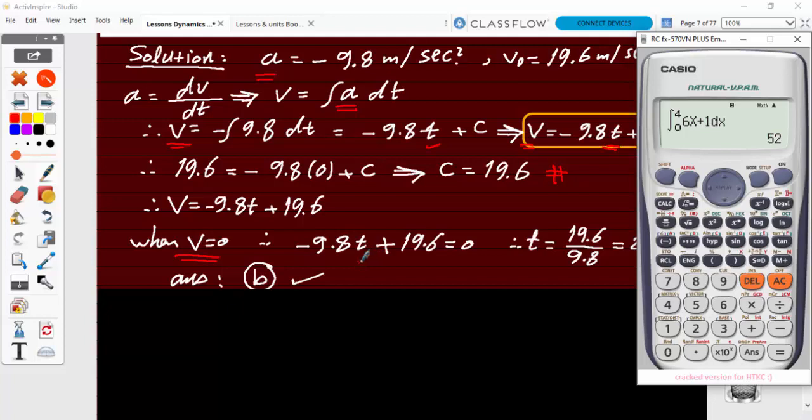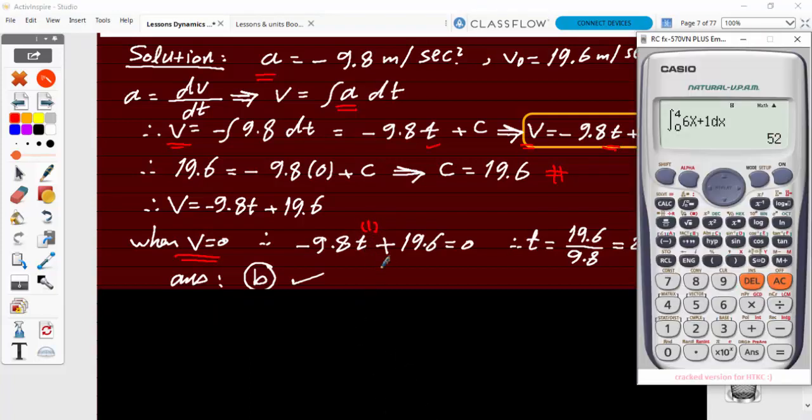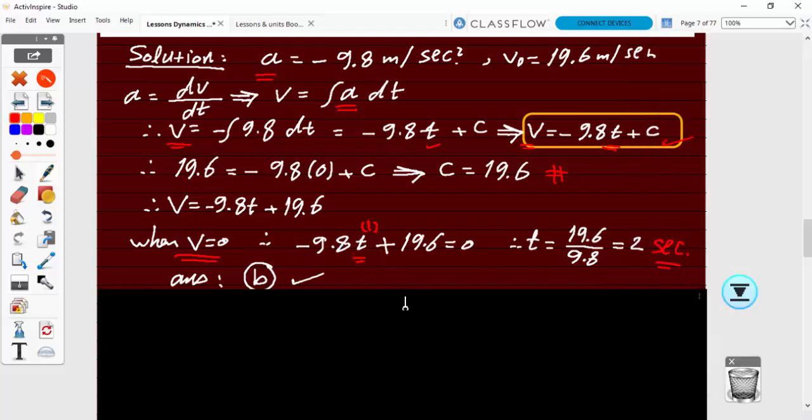Again, you can use your calculator to solve first degree equations here. This method is very good for the first degree equation, the linear equation, when the power equals 1, not when the power equals 2. Okay, so let us write it here. Negative 9.8, instead of t, we write x.